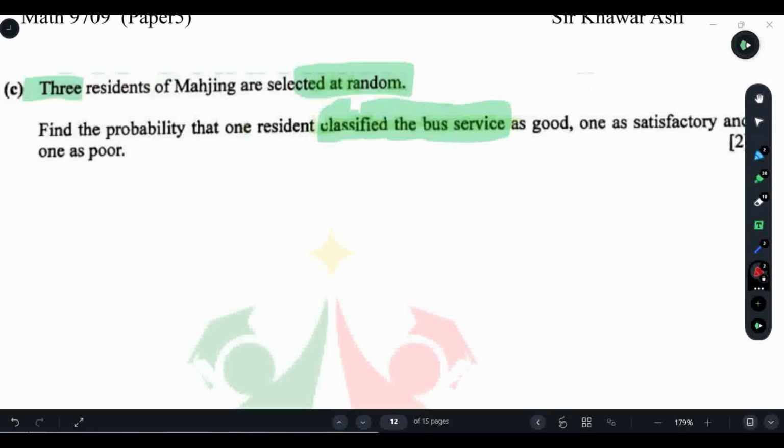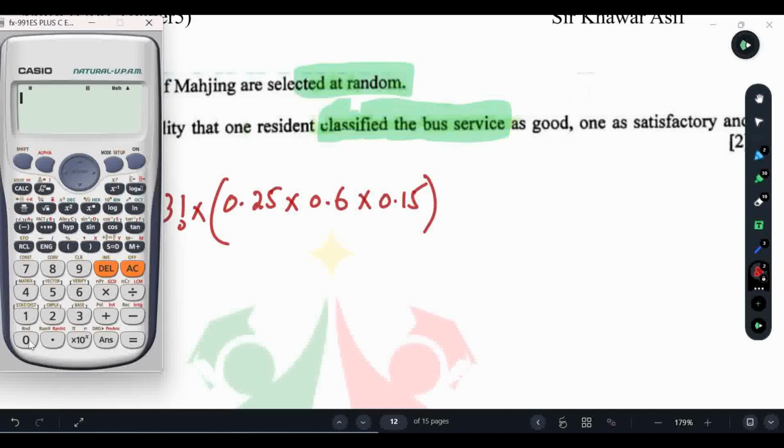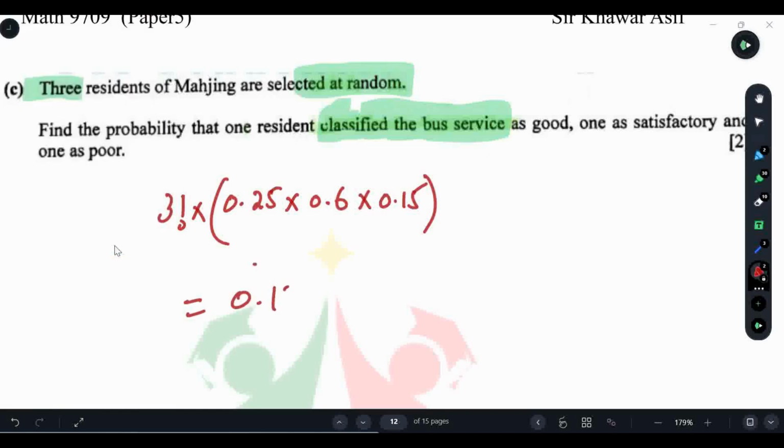We know the percentages: 0.25 multiplied by 0.60 multiplied by 0.15, and we multiply it by 3 factorial because we need to find it for the 3 residents. So 0.25 multiplied by 0.6 multiplied by 0.15 multiplied by 3 factorial equals 0.135.